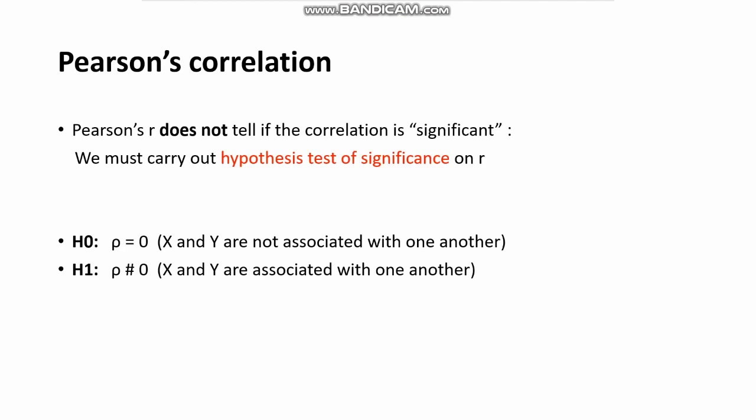As you know from the hypothesis test, the null hypothesis always says that there is nothing going on, right? So the null hypothesis says that there is no correlation between x and y, and at the population level, the correlation is 0. If we can reject the null hypothesis, the alternative hypothesis is that there is a correlation between x and y at the population level.